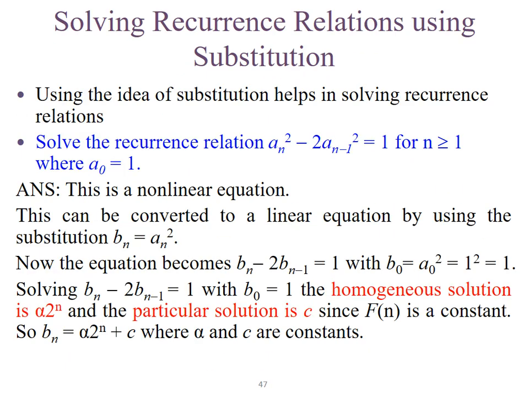So please write down your solution for this one. Now I want you to apply the substitution method to discover the solution of this recurrence relation. Please try to find your answer, not using the other method, but using the substitution method.